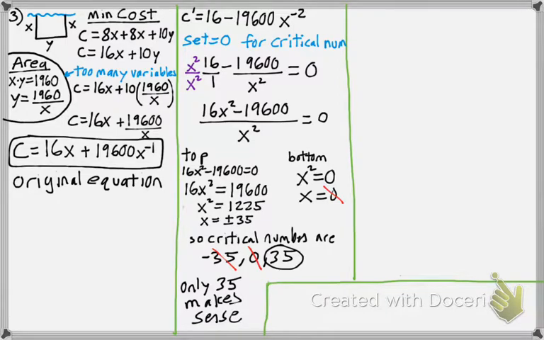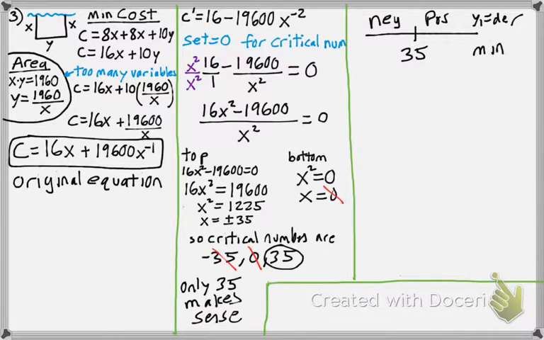Okay, so before we actually talk about the minimum, we do need to do a minimum proof. If you put 35 on the number line, and then plug in test points for the derivative, so if you have y1 equal to the derivative, you'll get negative and positive, which proves that 35 is a minimum.